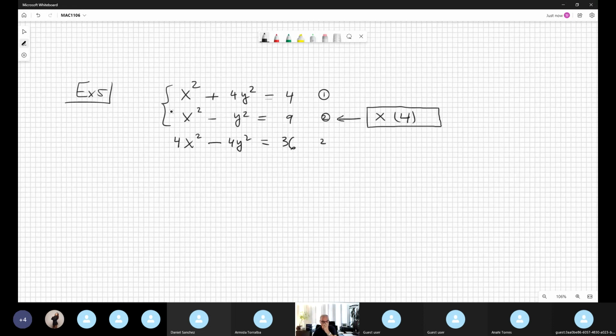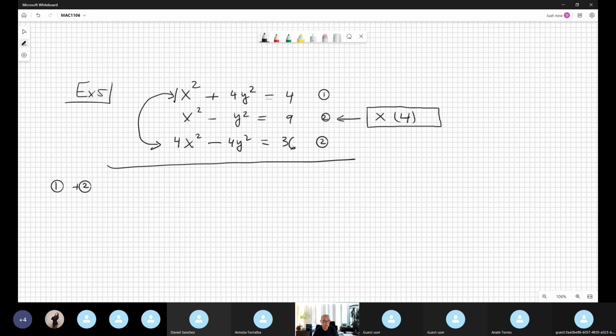This is my new equation 2. Temporarily I forget the original, so we focus on this system: equation 1, which I never touch, and the new equation 2 after the multiplication by 4. And now, ready, adding 1 plus 2.